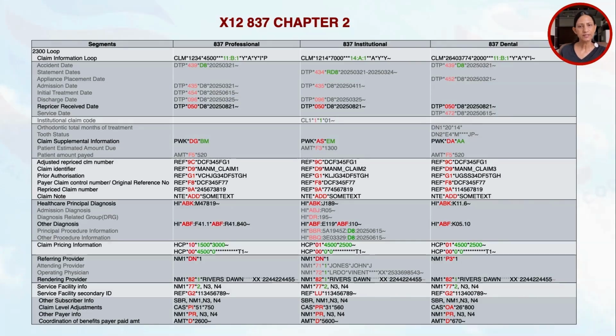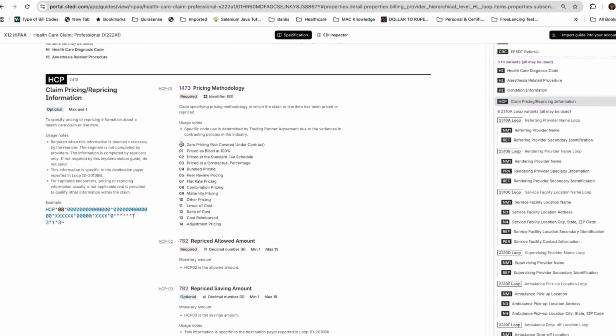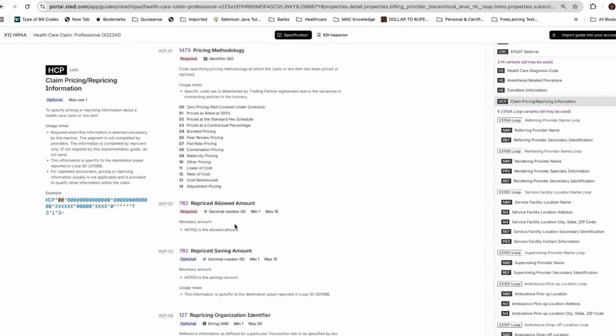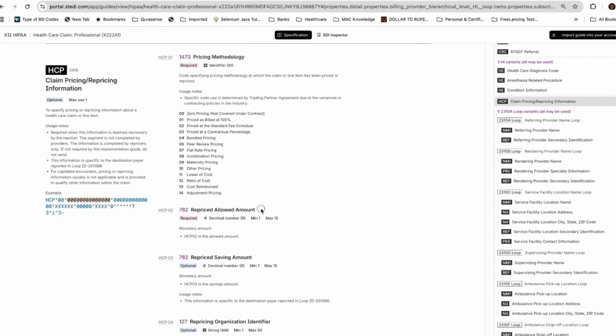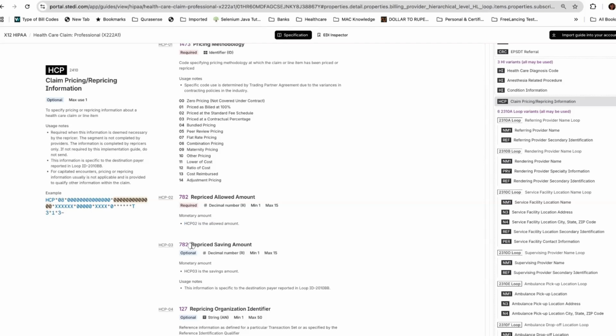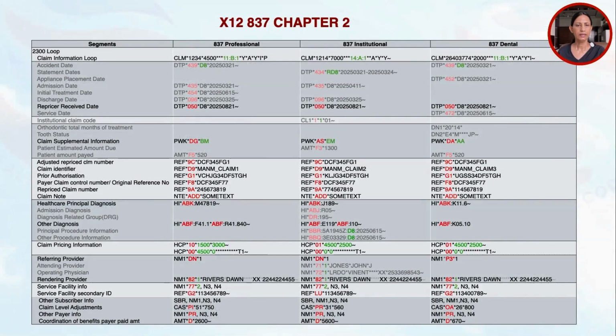Now, claim repricing results are returned by repricers to the payers via the HCP segments. So HCP01 carries the method that is used while repricing a claim. HCP02 is the allowed amount for the provider, which is derived after claim repricing. HCP03 always carries the savings that is made for the payer on this claim. In cases where the repricer is unable to reprice a claim for the payer, the HCP segment is returned like this or like this.